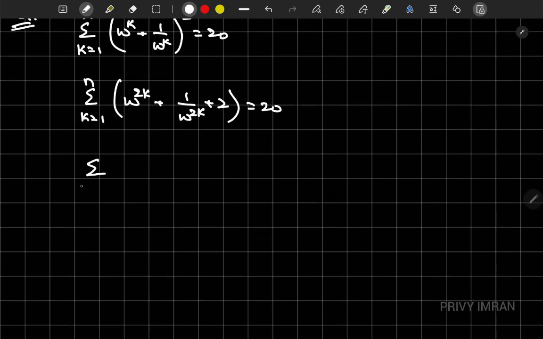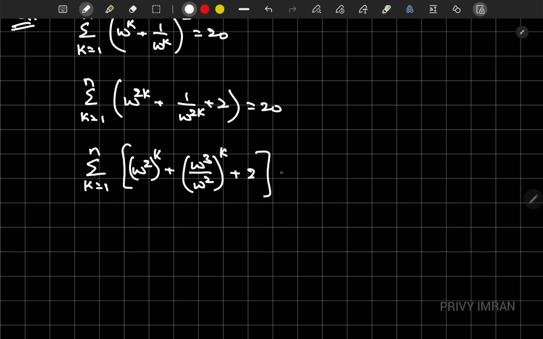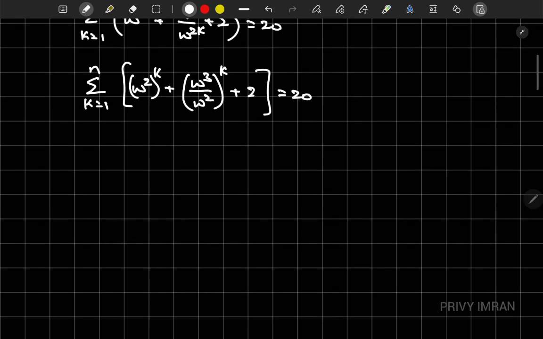Now sigma k equal to 1 to n, (omega square) whole power k plus numerator 1, I will write it as omega cube, divided by (omega square) whole power k, where omega cube value is 1, plus 2 will be equal to 20.